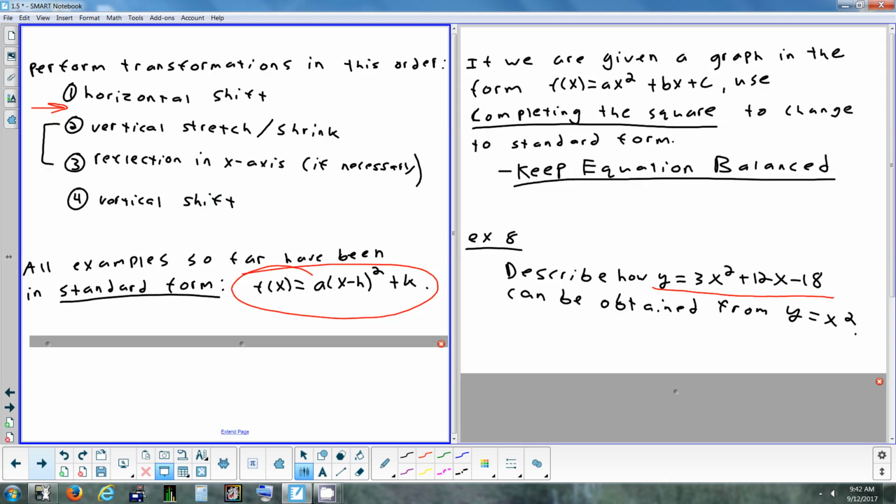Okay, so I'm not going to write down all the steps on how to complete the square. I'm going to go through an example, but I'll show you from that. Does everybody have what's on the left? All right.